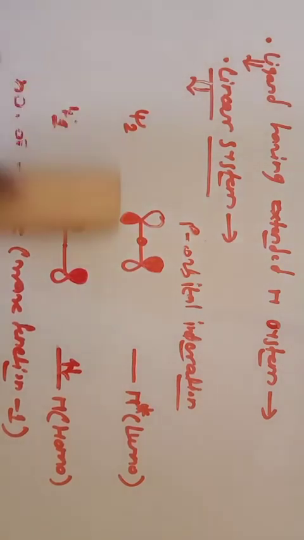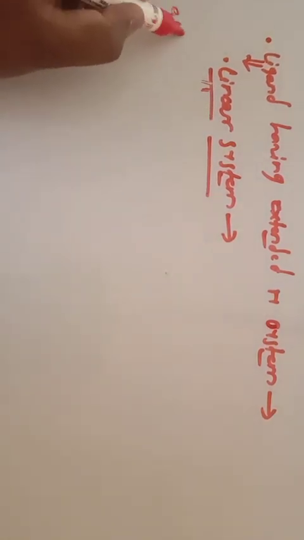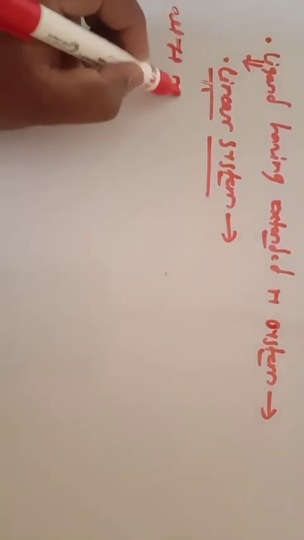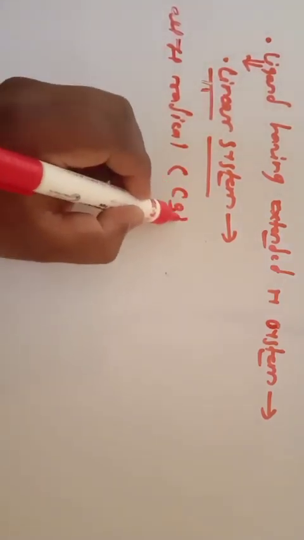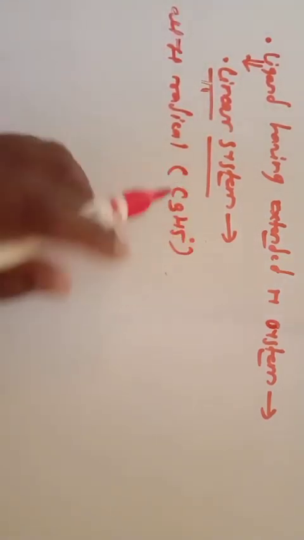Let us discuss the second example of a linear system, the allyl radical, that is your C3H5 radical.